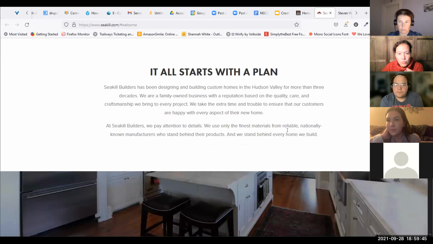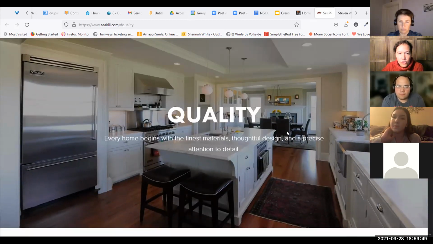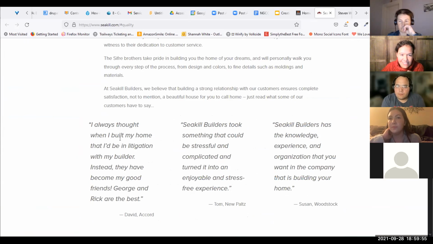And then they crafted a customer journey that addresses the way their customer feels, including a testimonial. I found this so freaking funny. I always thought when I built my home that I'd be in litigation with my builder. Instead, they have become my good friends. George and Rick are the best. That's one of their ideal clients.